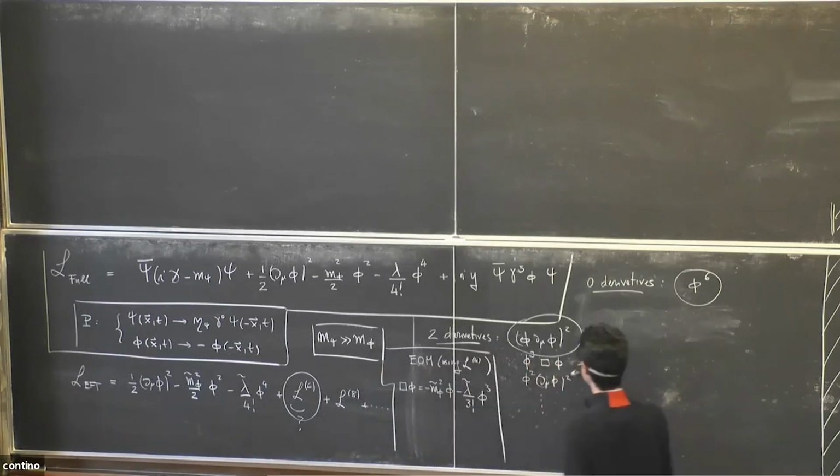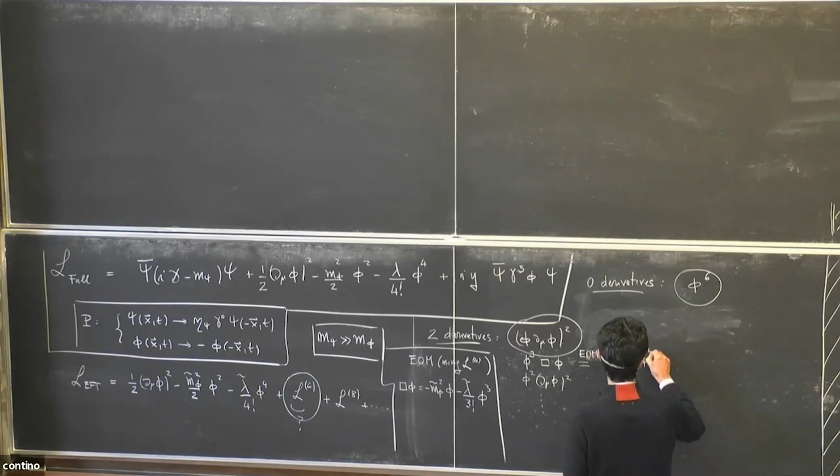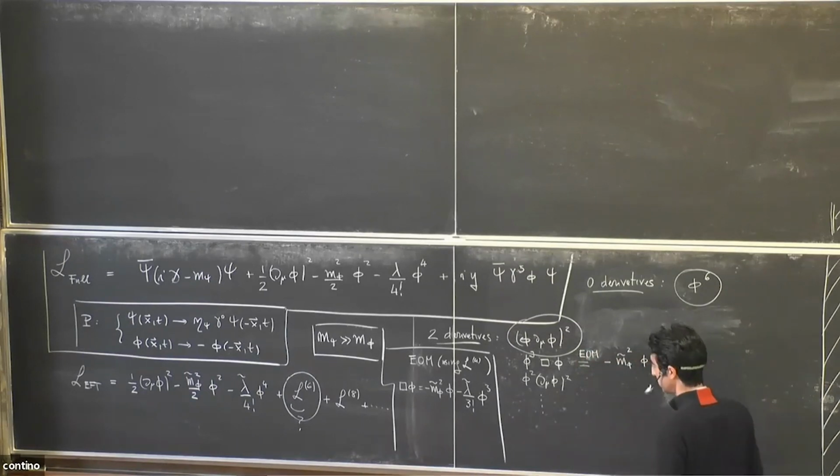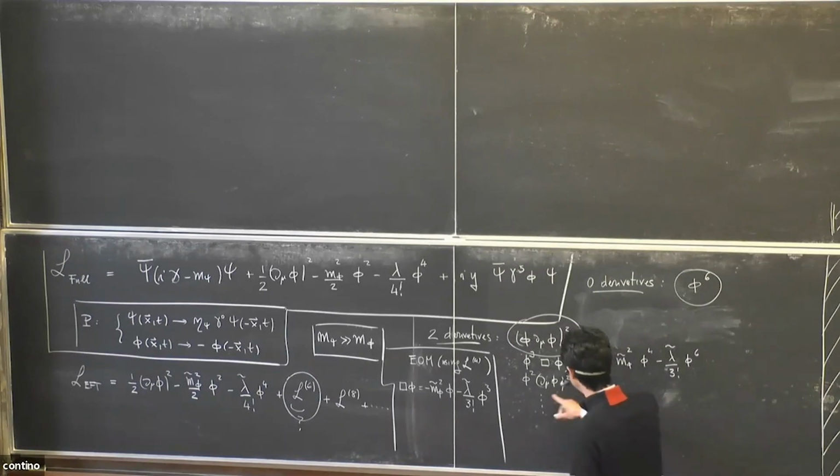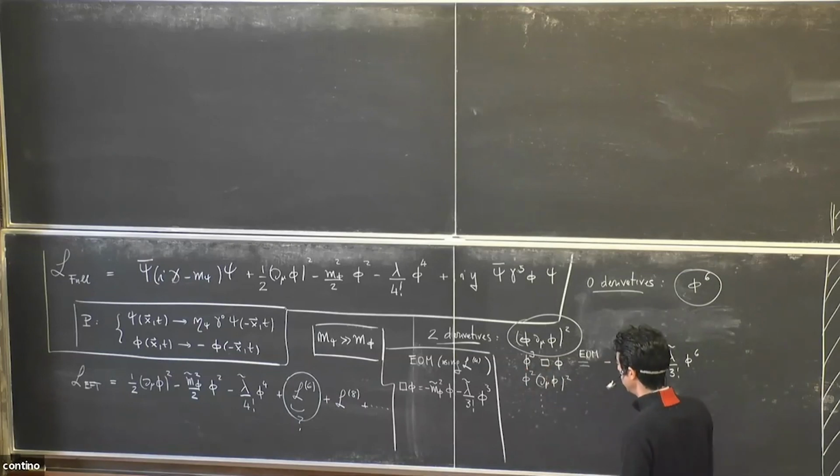Okay, so if I use these equations of motion here, then, as we already saw last time, I get operators which are already present in the Lagrangian, because there is m tilde squared phi to the 4th minus lambda tilde over 3 phi to the 6th. Okay. Similarly, for the second operator, I can, actually, sorry, this is the same as this.